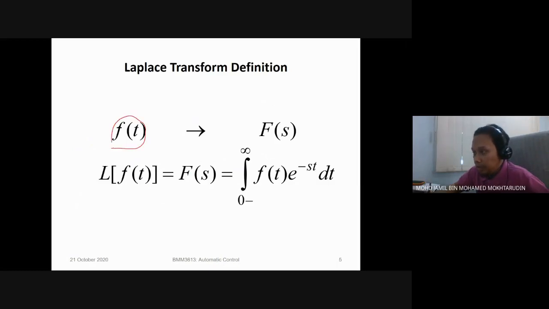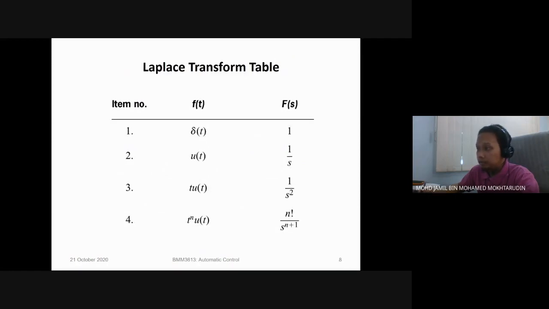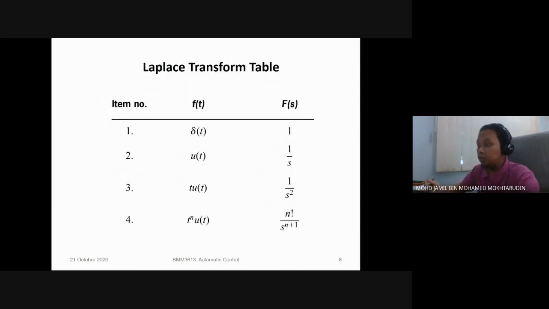This is a function of time domain, and you use Laplace transform to convert it into a function in frequency domain, by integrating the function of time multiplied with the exponential of negative st. Since Laplace transform has been studied a lot, there is already a table, so you don't need to do the integration manually; you just refer to the table to determine the function in frequency domain.